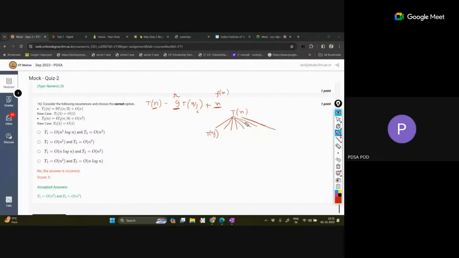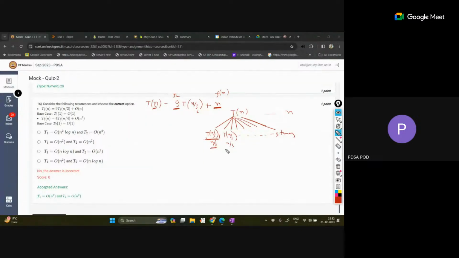So n steps are required for n input, and at the next level we have 9 calls of T(n/3). Every time n by 3 steps are required for each.